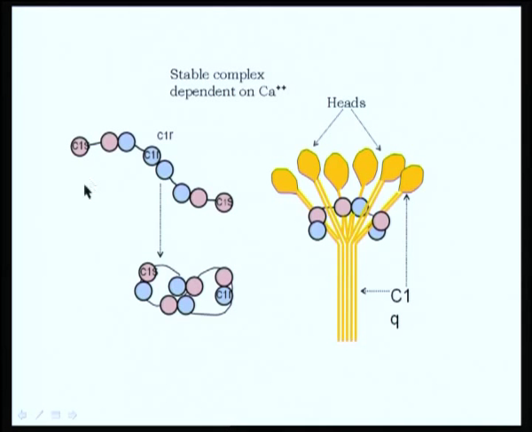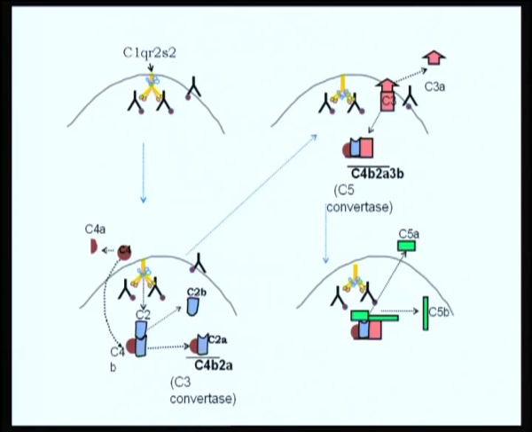In the serum, of course, this complex is not active. Let us look at what happens when the complex is recruited to the site where an antigen antibody interaction is taking place.